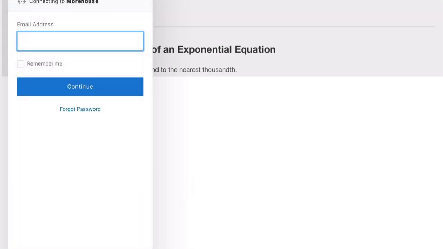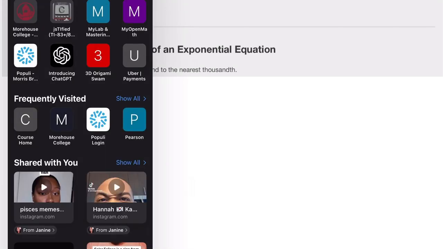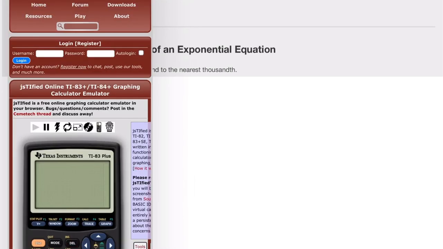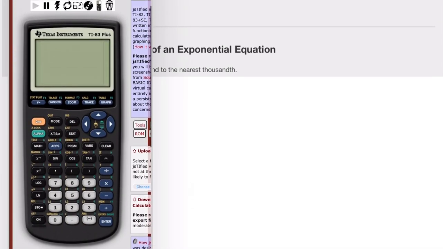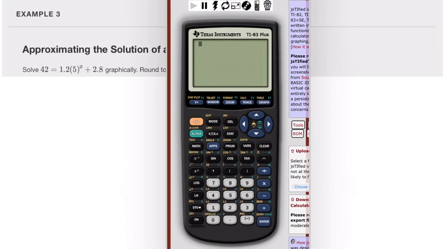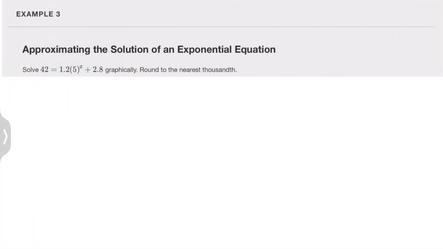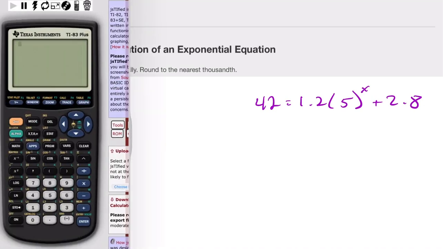Close the tabs. We want this one. All right, reload and refresh. Let me just get a copy real quick. So we have 42 equals 1.2 times 5 to the power of x plus 2.8.